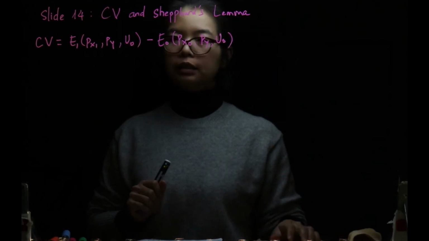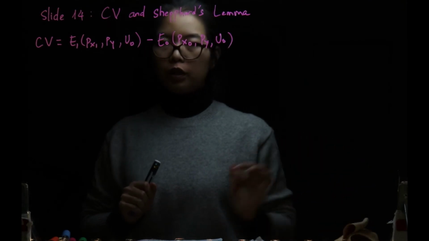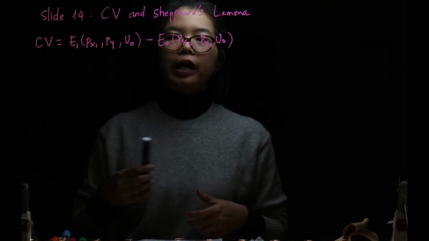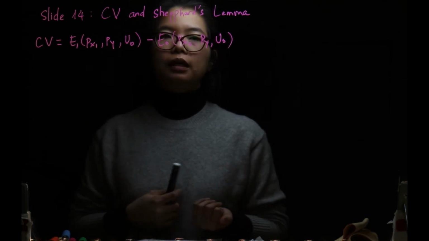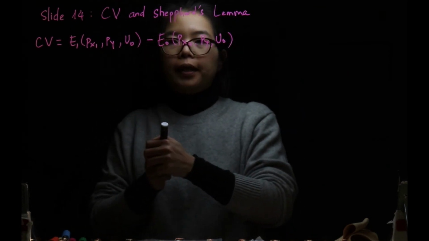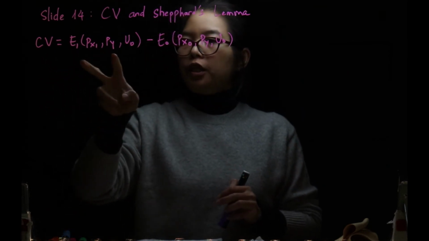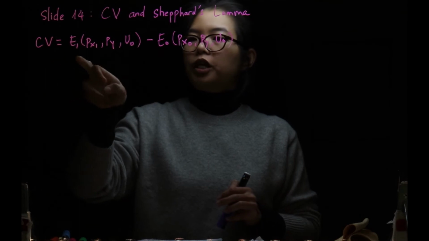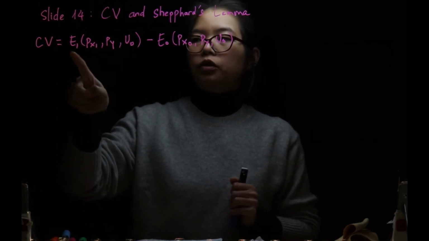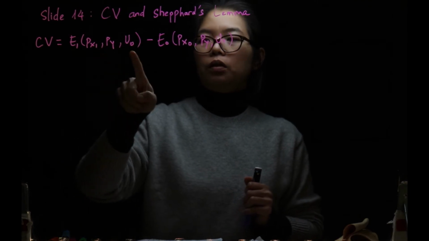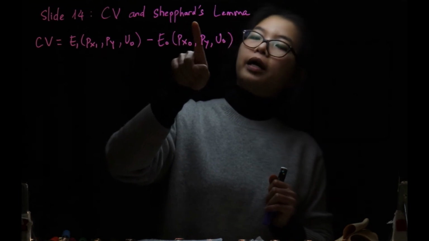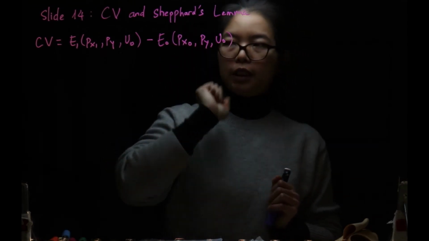Okay, this is the explanation for what's written on slide 14 about the relationship between the CV and the result of Shephard's lemma. So we have the definition of the compensating variation, which I wrote back here again: new expenditure at new price but old utility, minus old expenditure at old price and old utility.